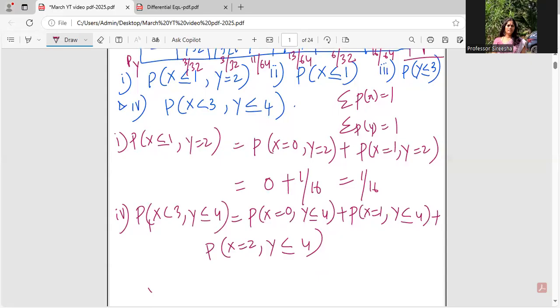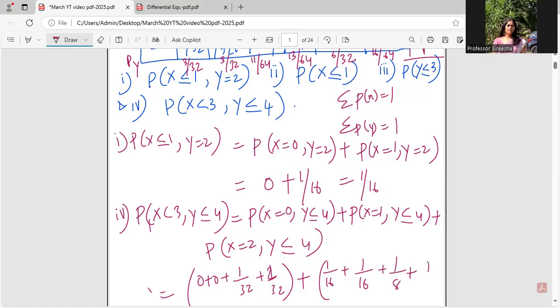Y less than or equal to 4, how many values are there? For x is equal to 0 it is 0 plus 0 plus 1 by 32 plus 1 by 32. I'm sorry, 2 by 32 that is. Plus x is equal to 1 and y less than or equal to 4, how many values are there? 1 by 16 plus 1 by 16 plus 1 by 8 plus 1 by 8.